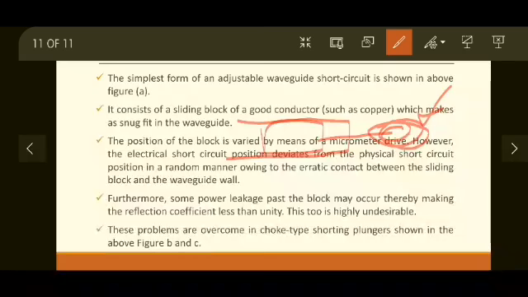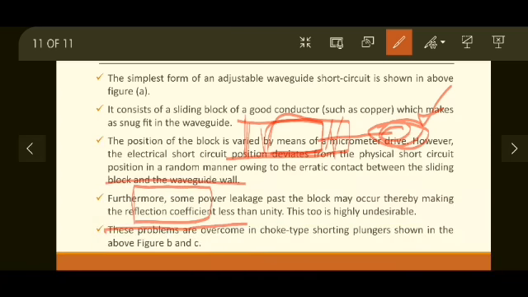However, the electrical short circuit position deviates from the physical short circuit. So even if the physical location is this one, the electrical short circuit location may be here or maybe here also, in a random manner owing to erratic contact between the sliding block and the waveguide wall. So when these are closely fit, that doesn't mean it cannot move.